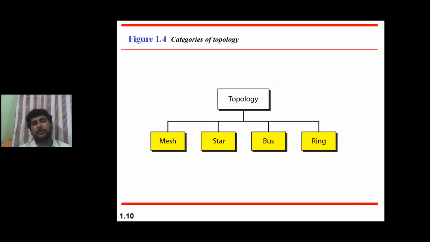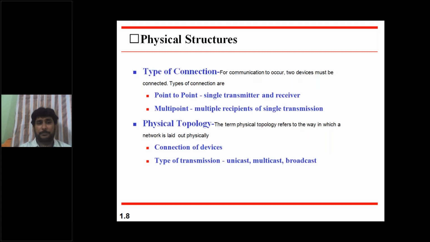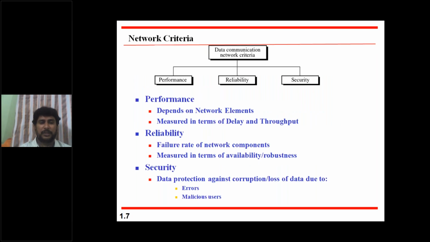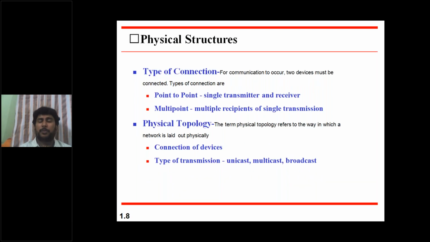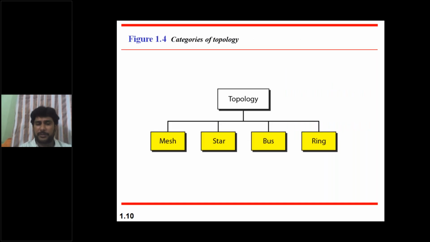Next, we have a very important terminology called topology. So here we have discussed types of connection. The next important slide talks about topology. But what do you mean by topology? For instance, you have 4 to 5 devices, and the way you want to connect those devices in the network, we refer to as topology.